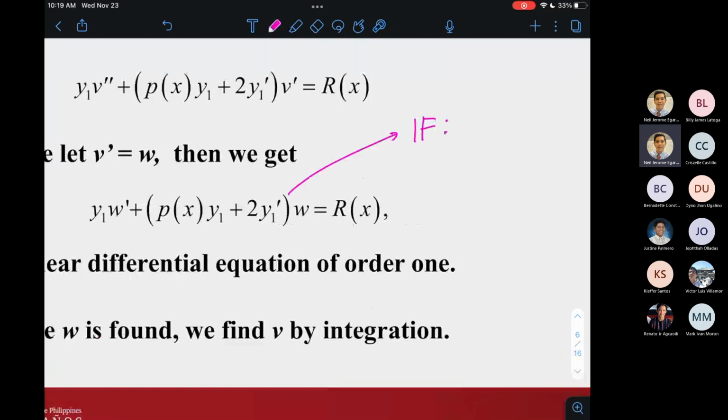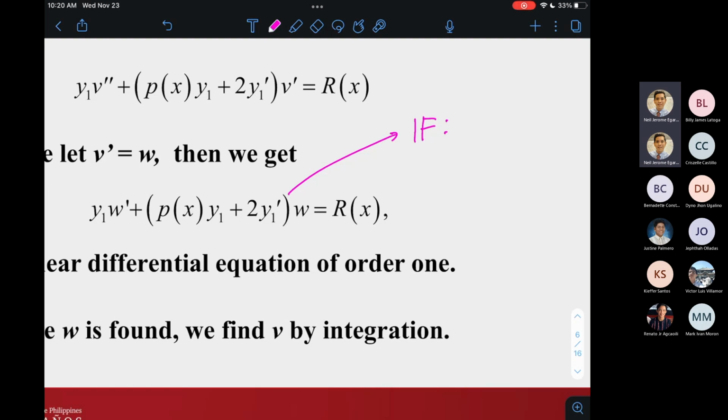Go on. You should still remember it since you did well in the midterm exam, right? So what would be the integrating factor here for the first order differential equation in w? Or is it still hard to type? It looks hard to type, right? It's not y sub 1, Kiefer.